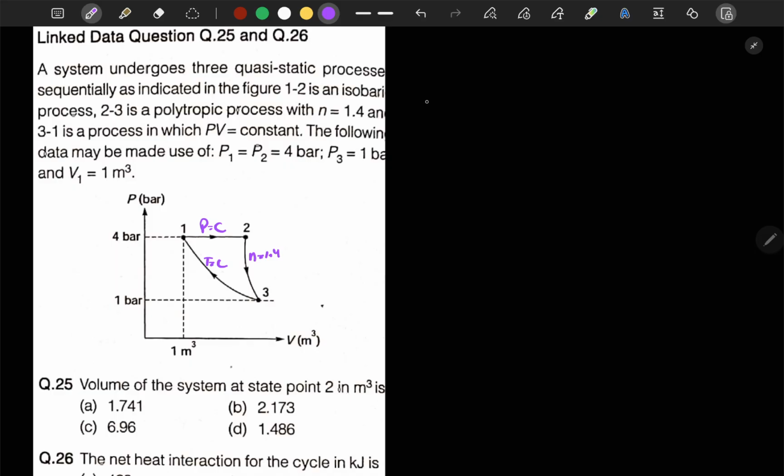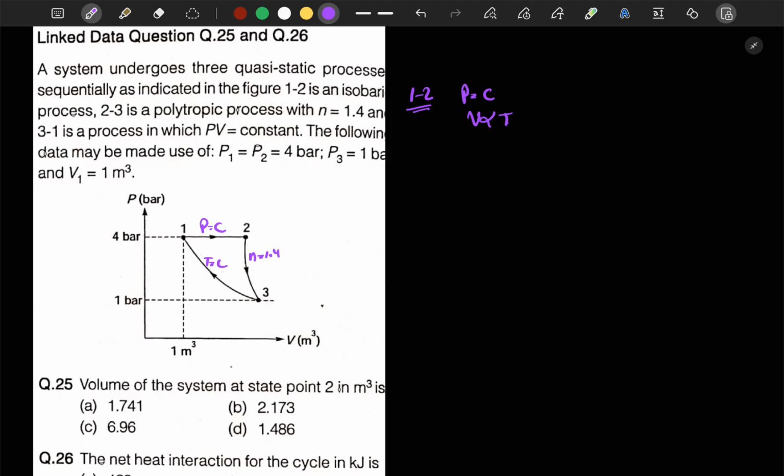Okay, so for process 1 to 2, the pressure is equal to constant. It means that since pressure is constant, volume is directly proportional to temperature, but we don't know anything about temperature at point 1, 2, 3 anywhere.